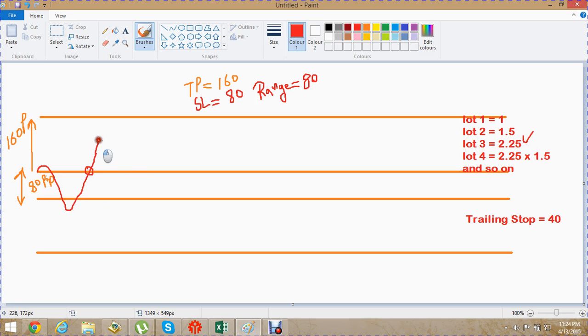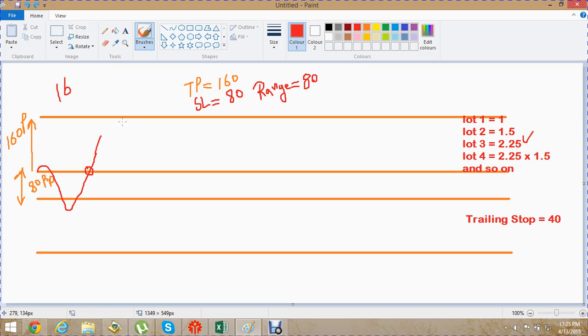If this time the trade goes in profit, it will hit 160 pips, and because it has a lot size of 2.25, you will earn more money, and this money will cover all of your previous two trades' losses. So overall you're ending up in profits.